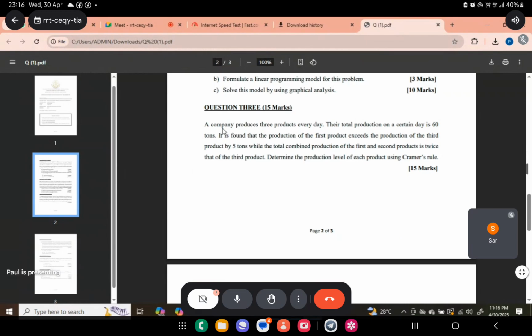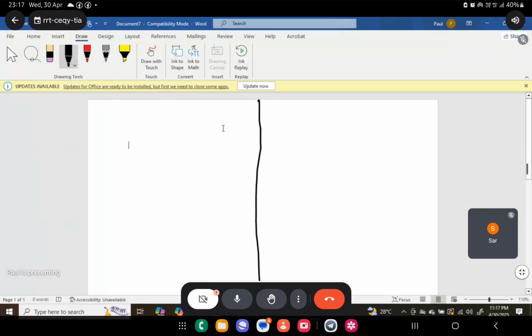It is found that the production of the first product exceeds the production of the third product by 5 tons, whilst the combined production of the first and second is twice that of the third product. Determine the production level of each product using Cramer's rule. So they say that a company produces 3 products. X, Y, and Z are the products.